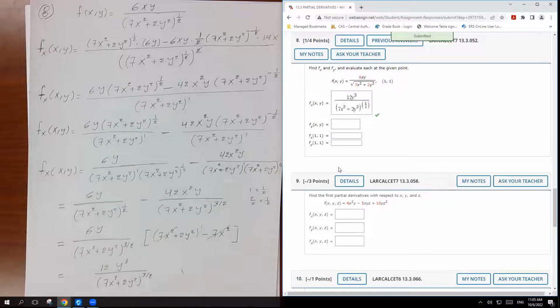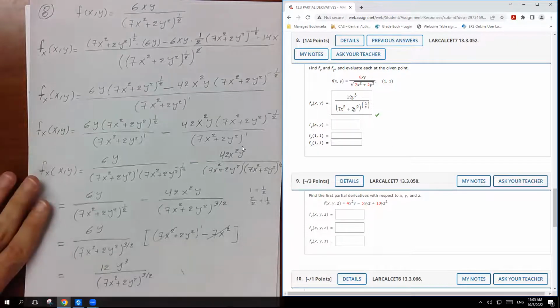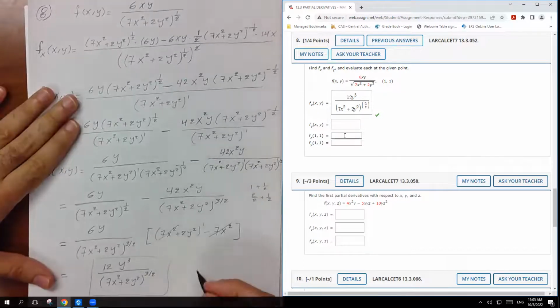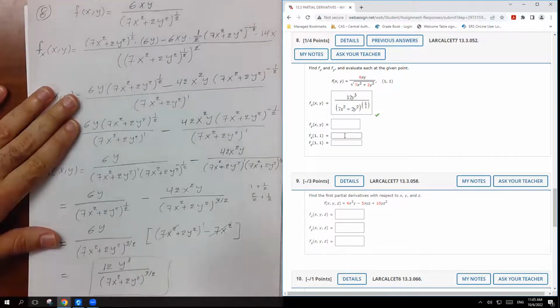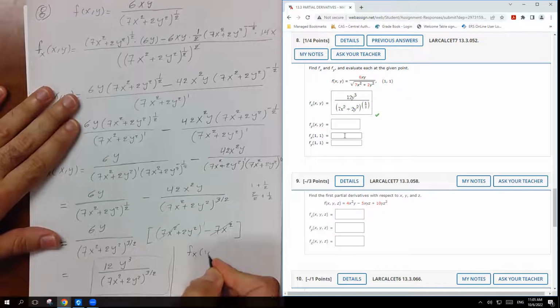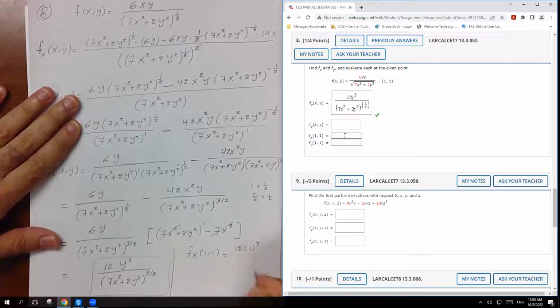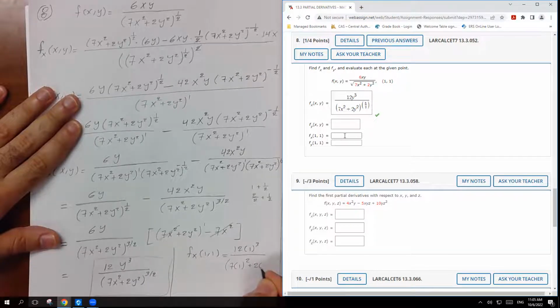Here we go. We're going to do the same steps with respect to the y. So I have to keep this one because I'm going to plug in. We can plug in and find f sub x at 1, 1. So f sub x at 1, 1 is going to be equal to 12 times 1 cubed over 7 times 1 squared plus 2 times 1 squared, and everything to the 3 over 2.